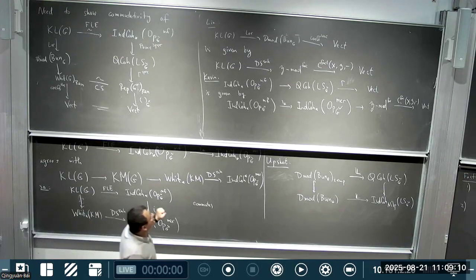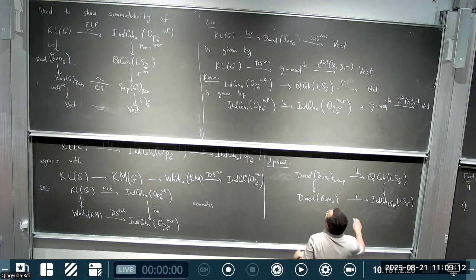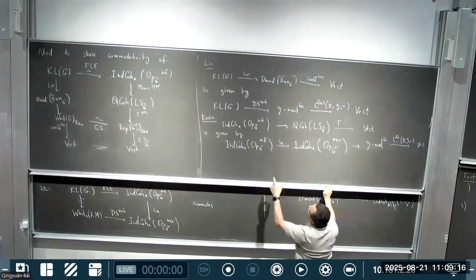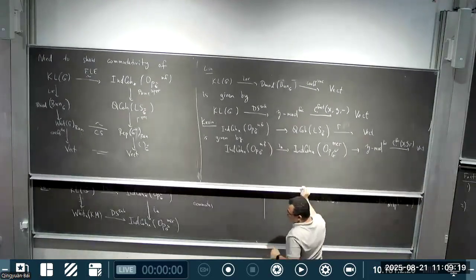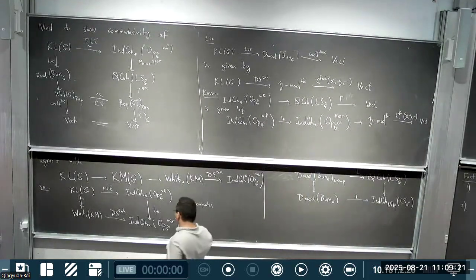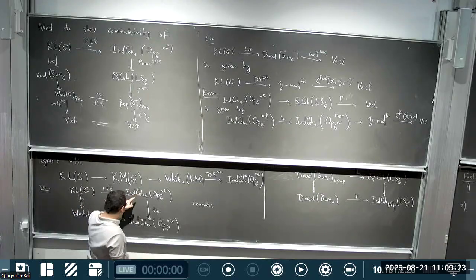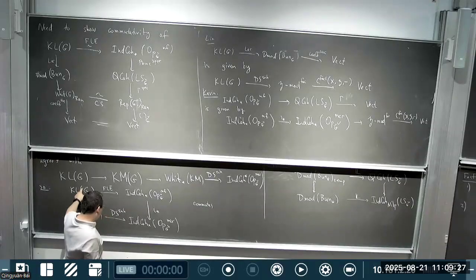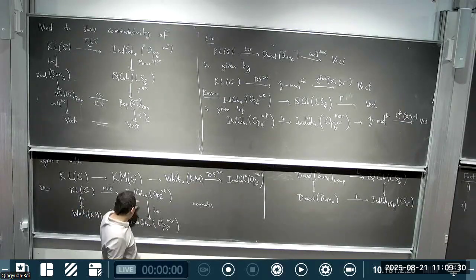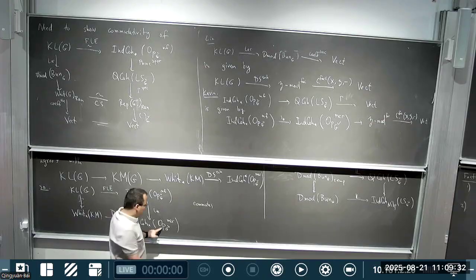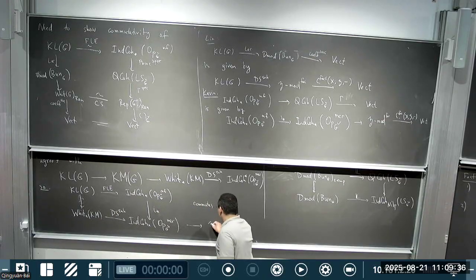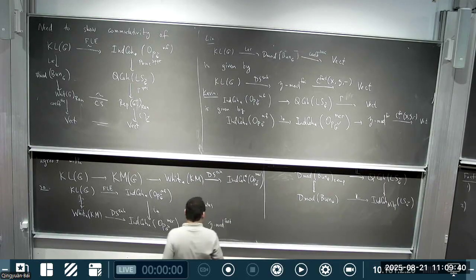The point is that in both cases, the functor that this contains is exactly the composite of going this way, and then going to this renormalized version of factorization modules over the center.